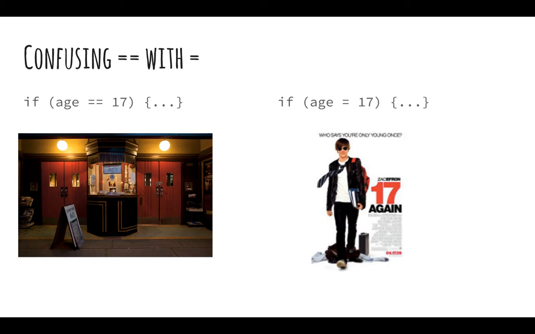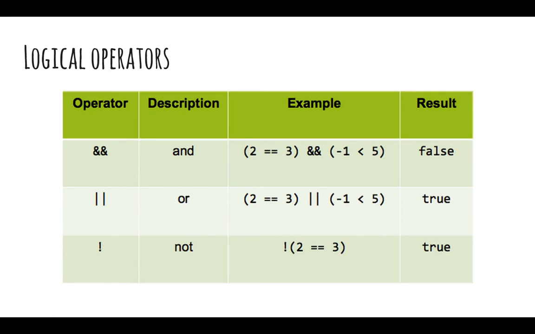That's like the hit Zac Efron movie, 17 Again, where I'm not checking to see if somebody's age is 17. I am making that person's age 17. And we don't want that at all in any way. So just remember, when you see equals equals, say equals out loud. When you see one equals, say gets or assigns to show that you understand we're not doing a relational check.